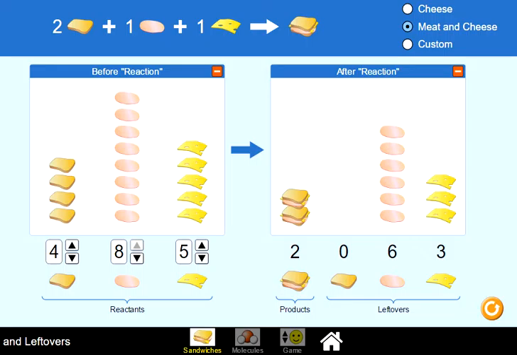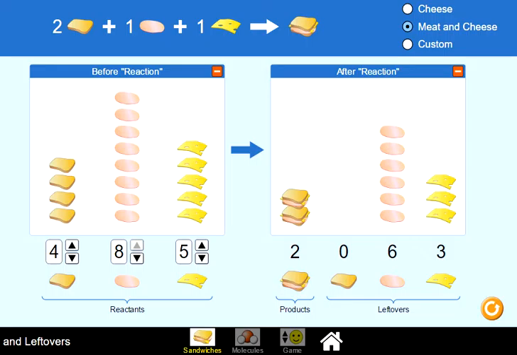By thinking about this, I can say, okay, I have 4 slices of bread, which is enough bread to make 2 sandwiches. Based on the reaction, I have 8 slices of meat, therefore I have enough meat to make 8 sandwiches. I have 5 slices of cheese, that's enough cheese to make 5 different sandwiches.